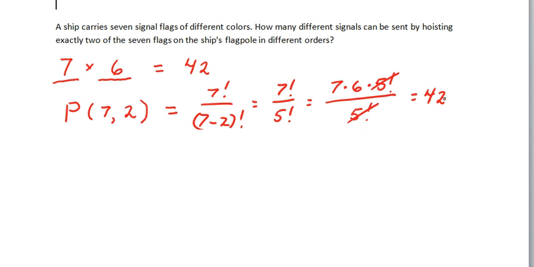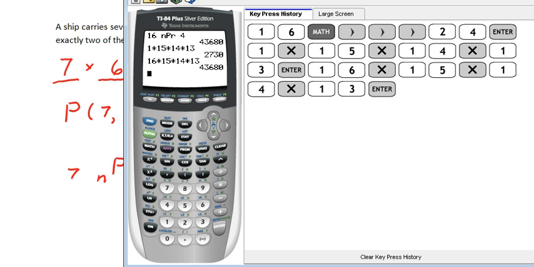The third method would be to enter 7 nPr 2 on the calculator.